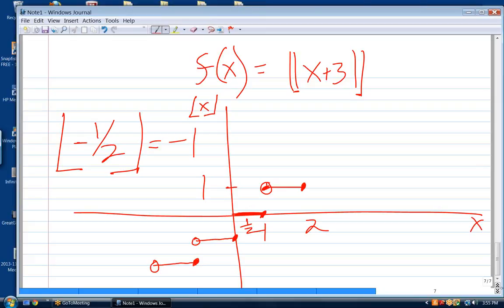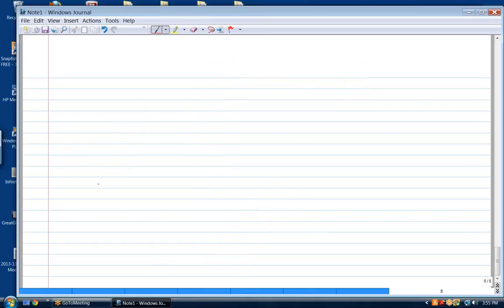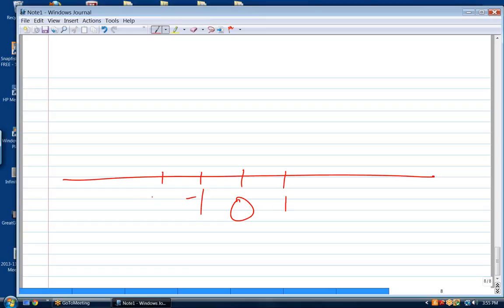So one way you can look at the greatest integer function, if we have a number line, is it's always to the left. In other words, if I have -1⅓, the greatest integer is the integer to the left of that number.